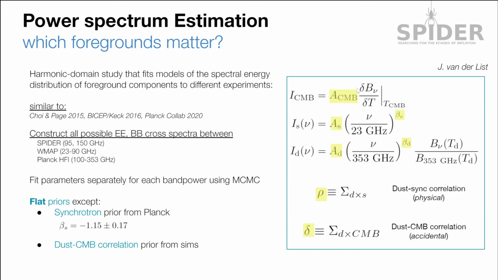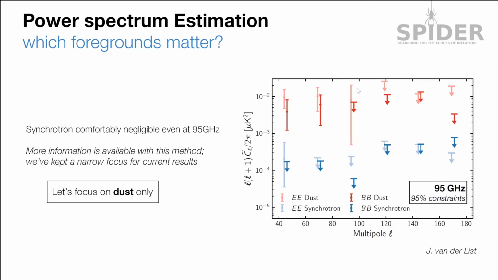So after the parameters are recovered, we draw from the posterior of these fitted parameters and compute the EE and BB power spectra of the dust and synchrotron emission at our frequencies. As you can see in this figure, these points are the maximum likelihood point, with the error bars or the upper limits if you cross 0, being the narrowest 95% of samples around that point. This figure just tells us that we do not need to focus on synchrotron at all in our spectral foreground cleaning, so we will focus on dust cleaning only.